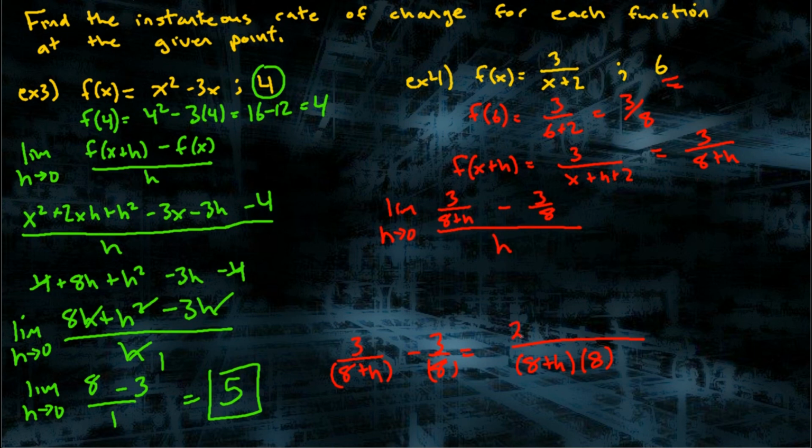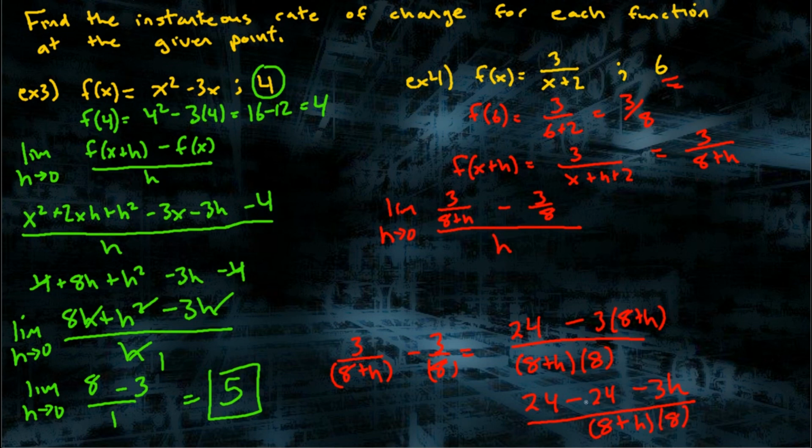So that's going to be 3 times 8 is 24. Minus, this one doesn't have the 8 plus h, so I'm going to multiply by 8 plus h. And I'm going to go ahead and simplify. So 24 minus 3h all over 8 plus h times 8.